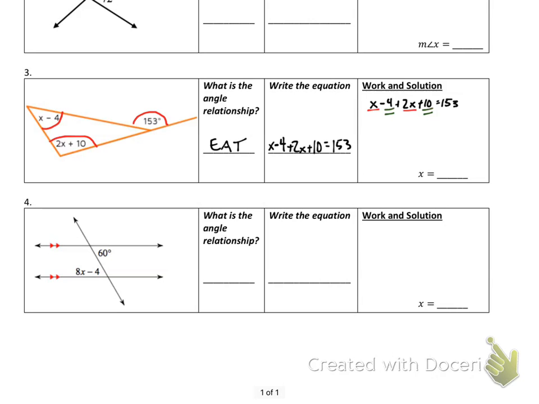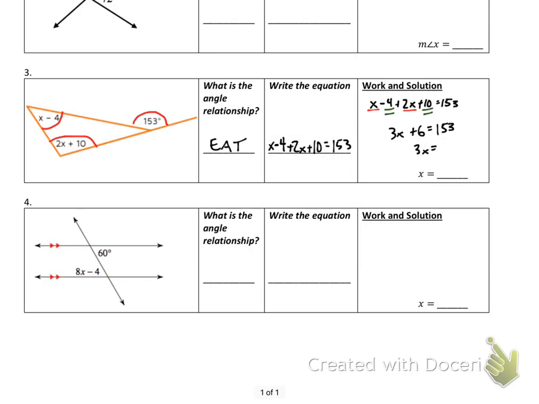When I add the variables together, I should get 3x. Add the numbers together, that's minus 4 plus 10, which is plus 6, equals 153. I would definitely expect to see a little bit more work on a problem like this. So 3x plus 6, I'm going to subtract 6 from both sides.